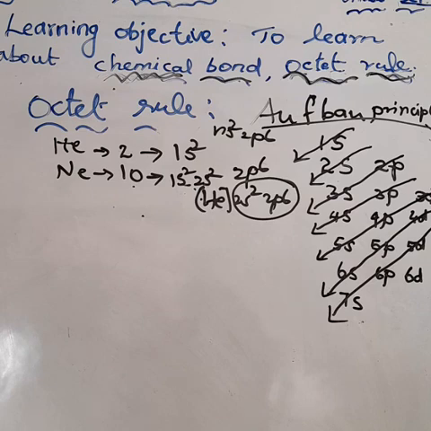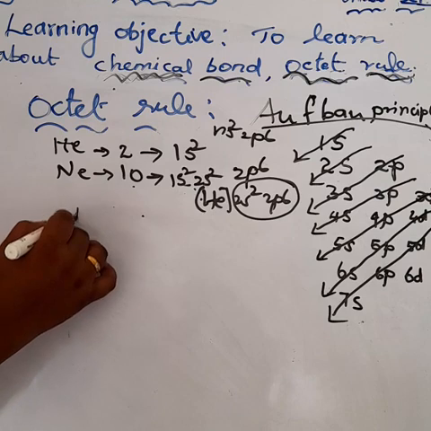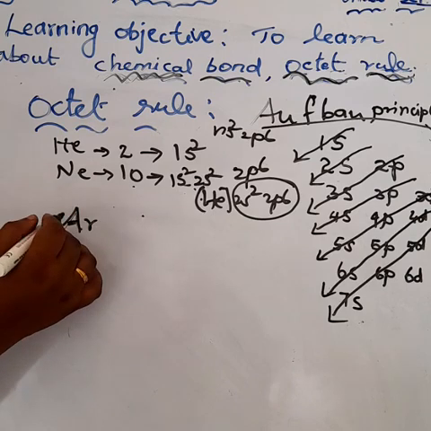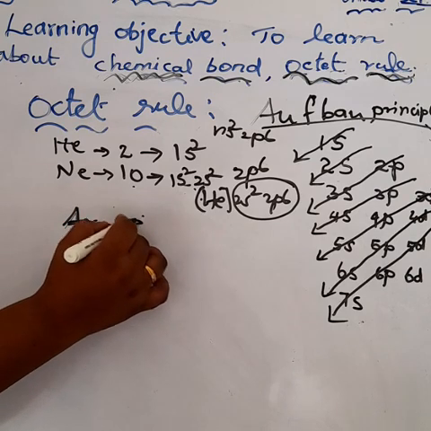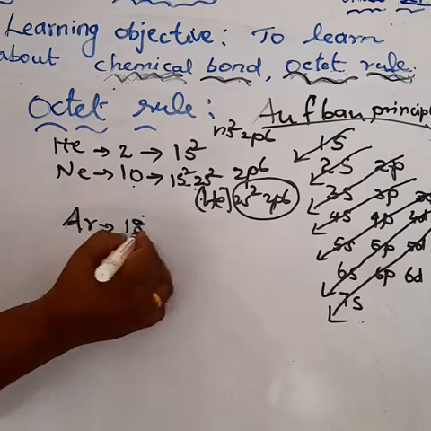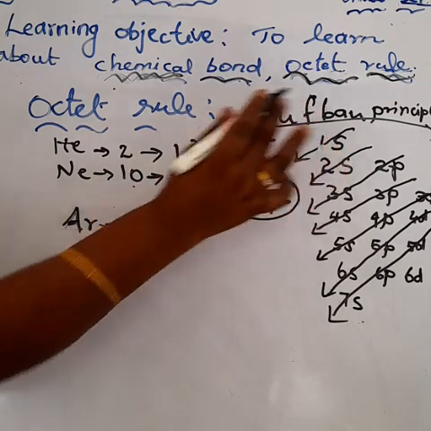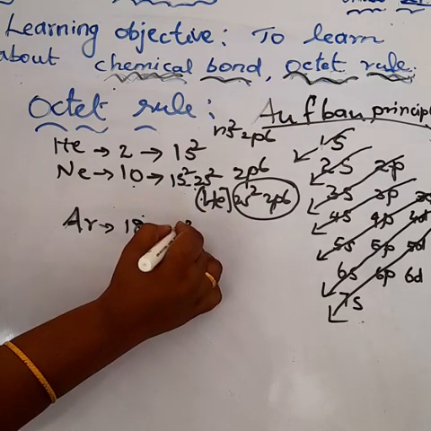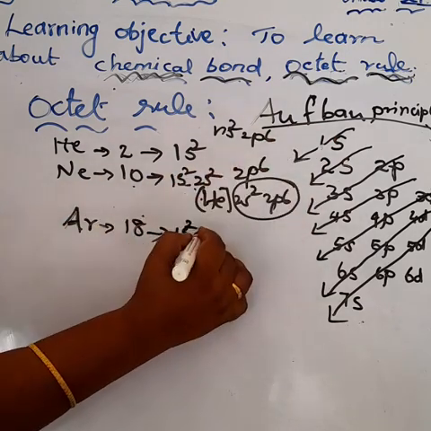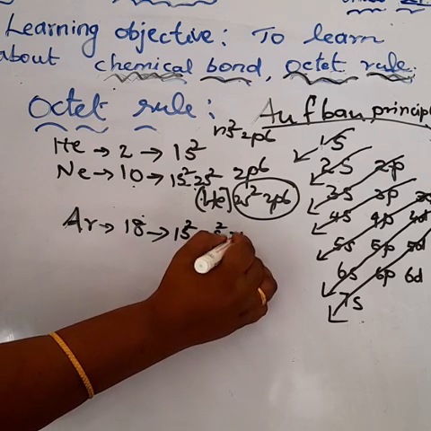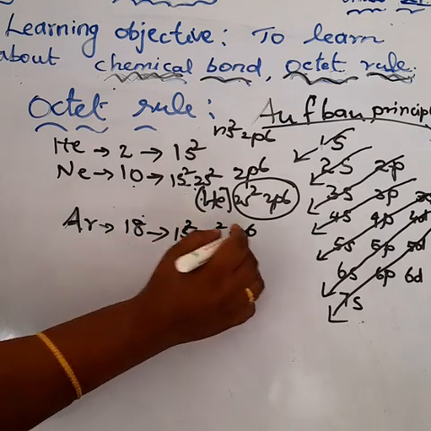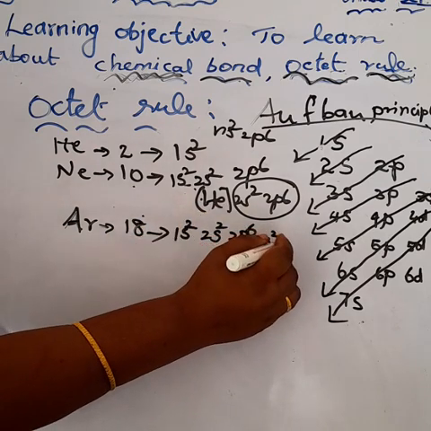And then argon. Argon atomic number 18. How will you write the electronic configuration? First 1s2, 2s2, 2p6, 3s2, 3p6. Okay, 18 electrons.